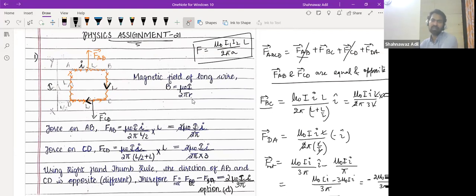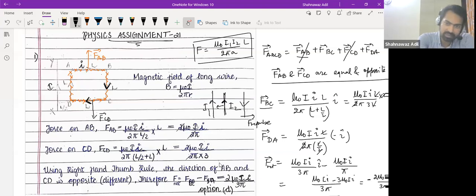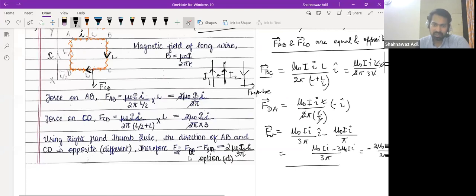We have talked about this: for parallel currents the force was attractive, and for anti-parallel the force was repulsive. So we can calculate this one and this one and subtract them. Yes, you are absolutely correct. But this is not AB and CD, this is BC and DA.